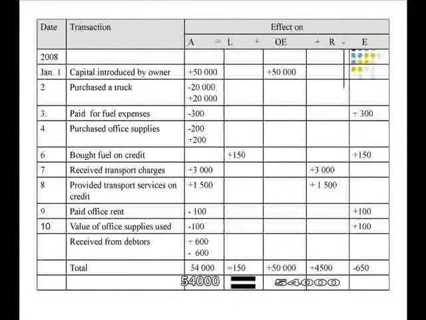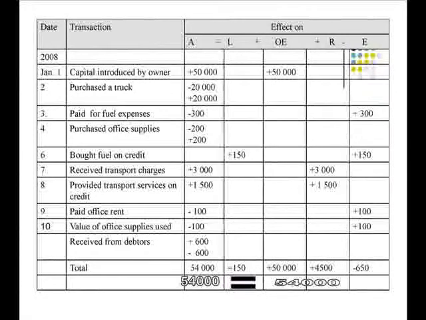Now we have to think about the revenue and expenses. We have learned assets and liabilities and also the owner's equity earlier. Capital introduced by the owner. Now you know what will happen: increase assets and increase owner's equity.